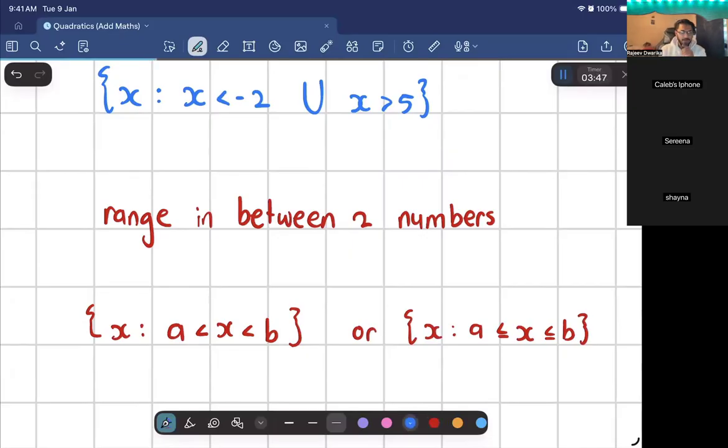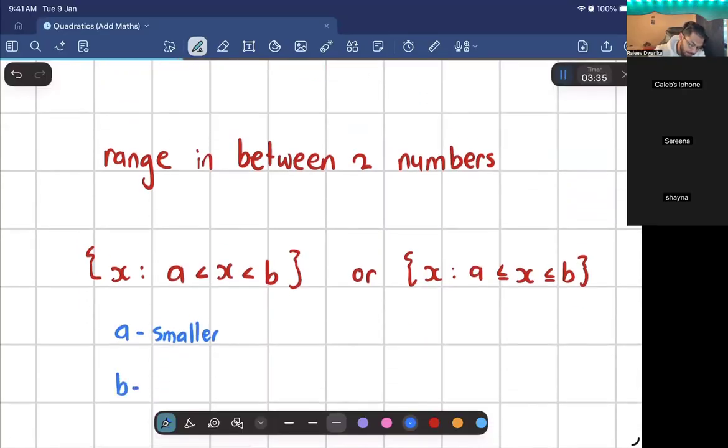Just look at it. Caleb, talk to me. The smaller. Right, so A is the smaller value, and B is the bigger value.